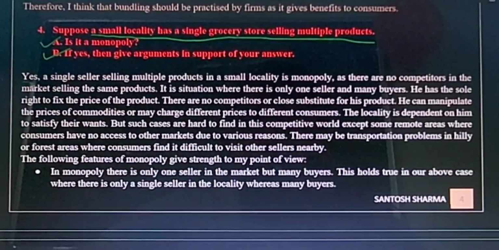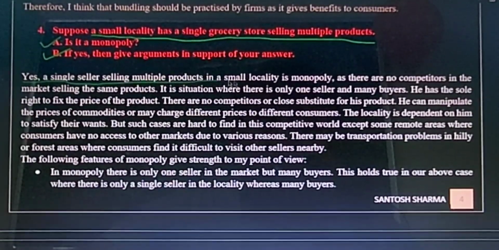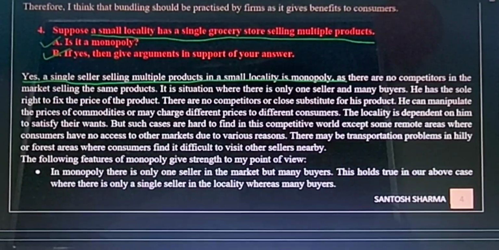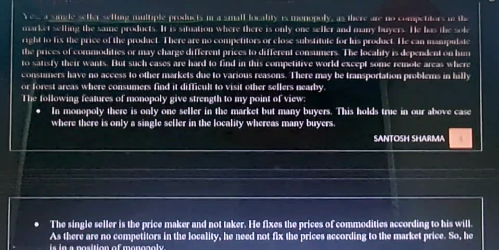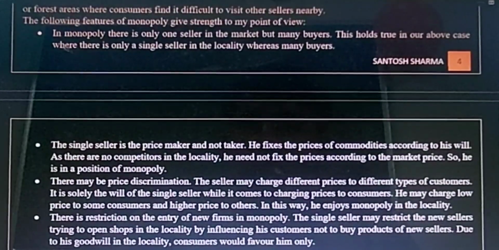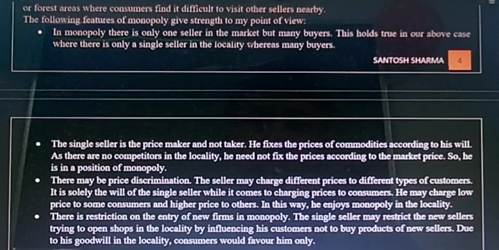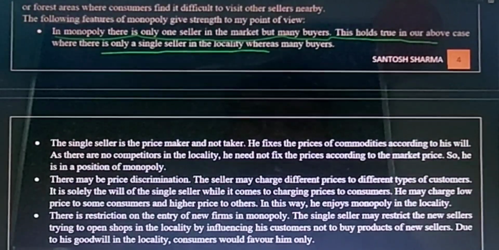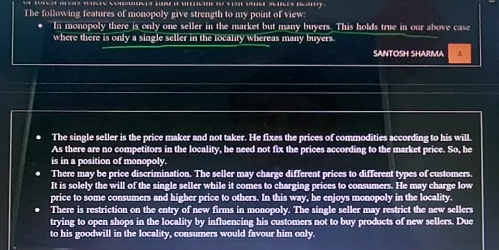I have written that yes, he has the monopoly, and after writing this you can write down the characteristics of monopoly which commensurate with the small shop. Like in these points I have given that in monopoly there is only one seller in the market but many buyers. So in our case also there is only a single seller in the locality, whereas there are a lot of buyers.